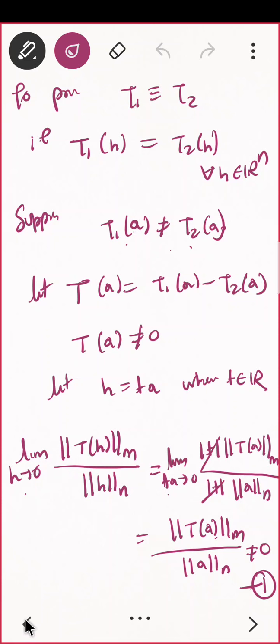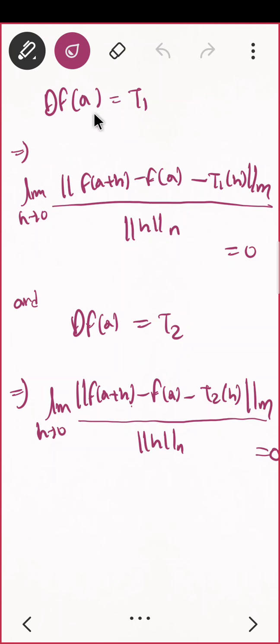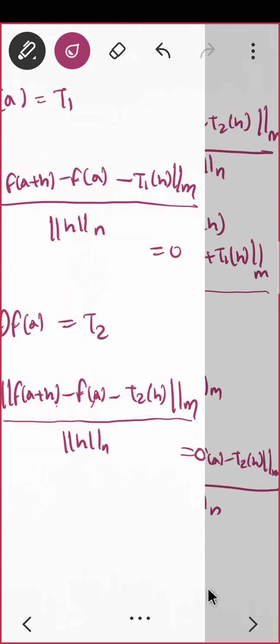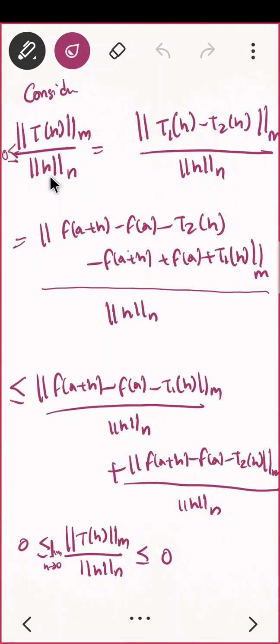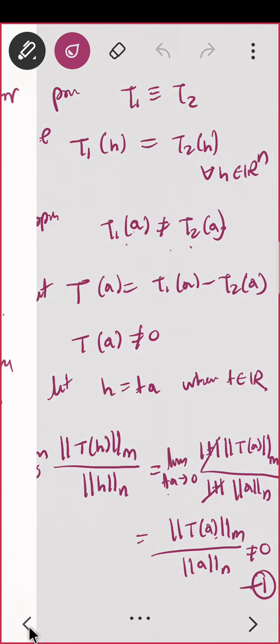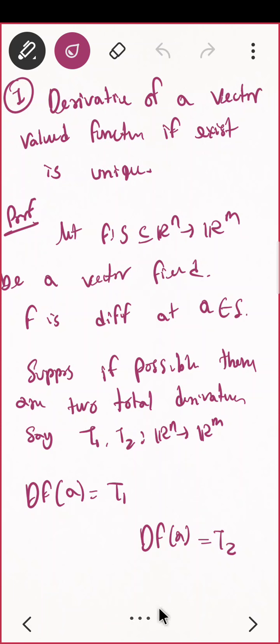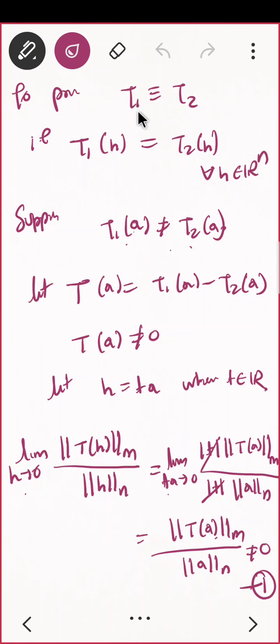The main motto is this. You want to prove this, so let us keep this aside a bit. Let us write the definition. Now I'd like to consider norm of T of h minus h. What did I do? We want to prove that T1 is equal to T2.